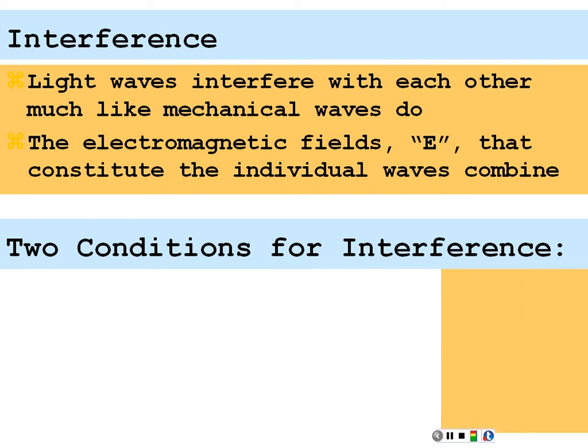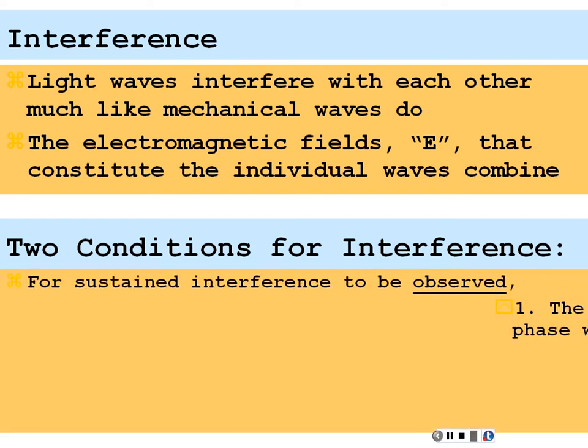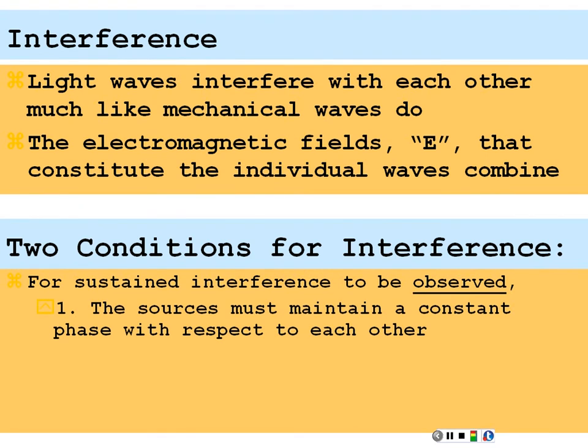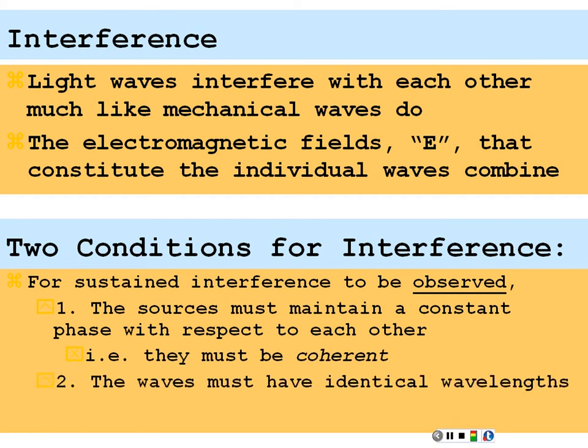And that is that the waves must be totally in phase with each other. For that to be in phase, we say that they are coherent. And they also must have the same wavelength. For that to be true, we say that they are monochromatic. So our two interfering waves must be coherent, in phase, and monochromatic, having the same wavelength.